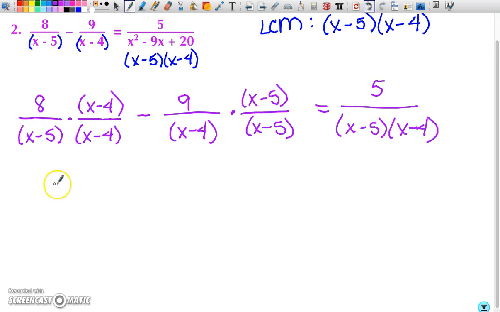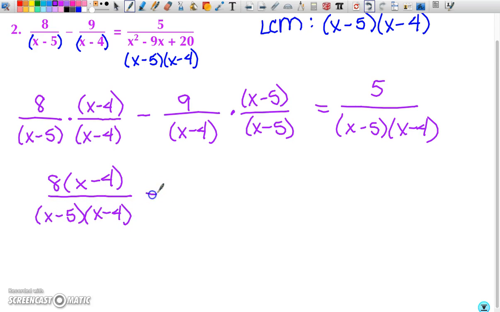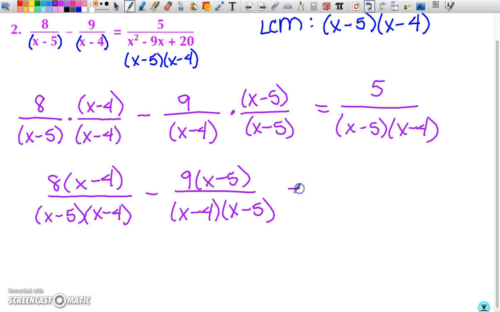So when you go and multiply, we end up with 8 times x minus 4, and I'm just going to leave it as that for now. And you'll notice that all of the denominators come out to exactly the same thing, which is what we want to happen, because that way we can ignore the denominators and just solve the equation using the numerators. So, oh my gosh, I can't draw.